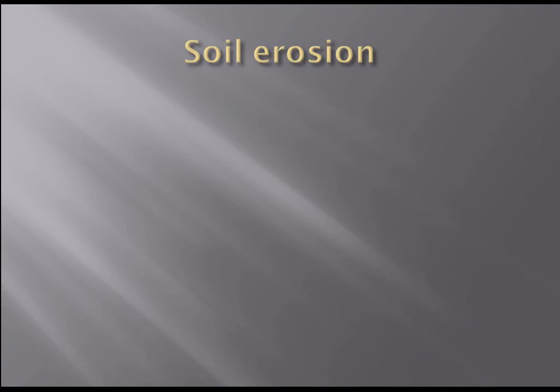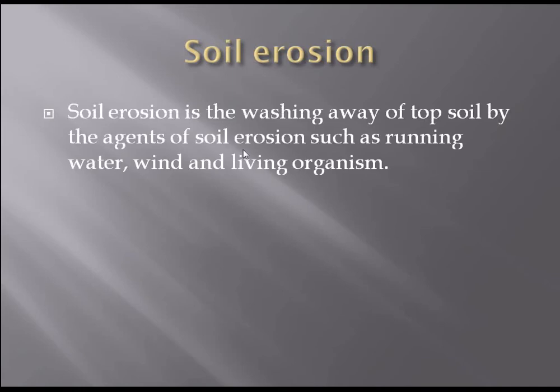Soil erosion, as we shall see briefly, is just the washing away of topsoil by the agents of soil erosion, such as running water, wind, and living organisms. It's made up of two words, soil and erosion. We have seen what soil is, and it's made up of profile and CATENA.